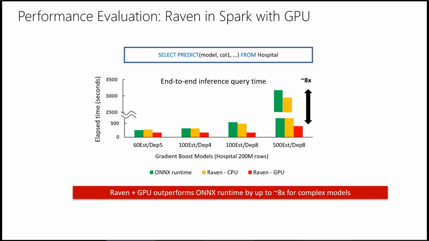So up to 8 times performance improvement for a big tree model with 500 estimators can be seen from running it on GPU with Raven. There is also some advantage of running models on CPU with Raven, but we see the biggest gains on complex models being run on GPU. And for simpler models, there wasn't too much improvement running on CPU versus regular Spark.